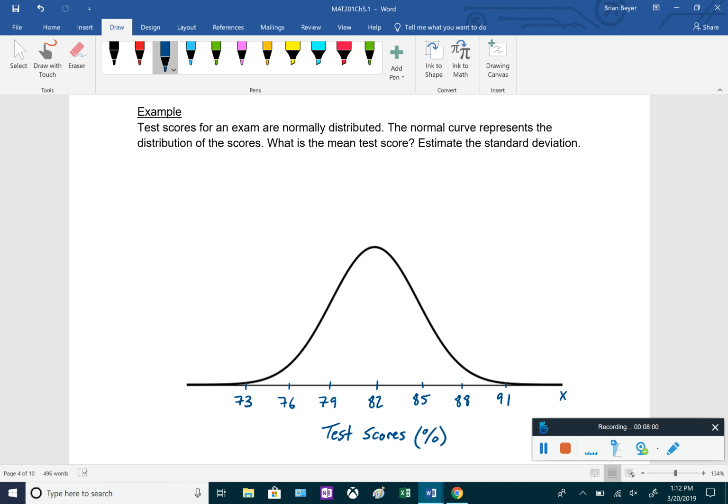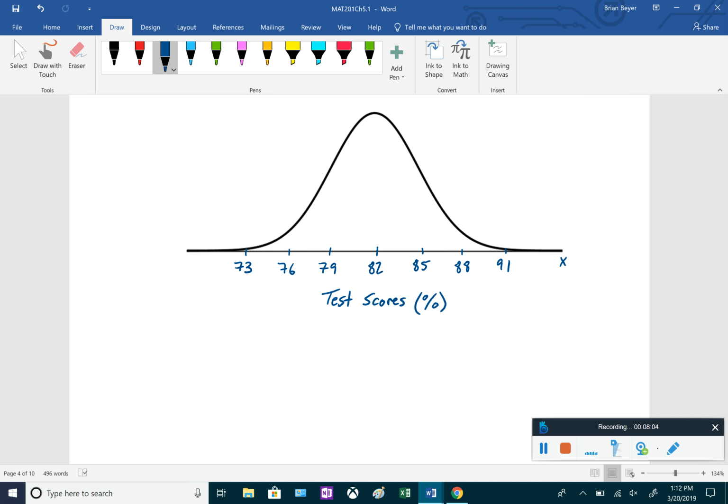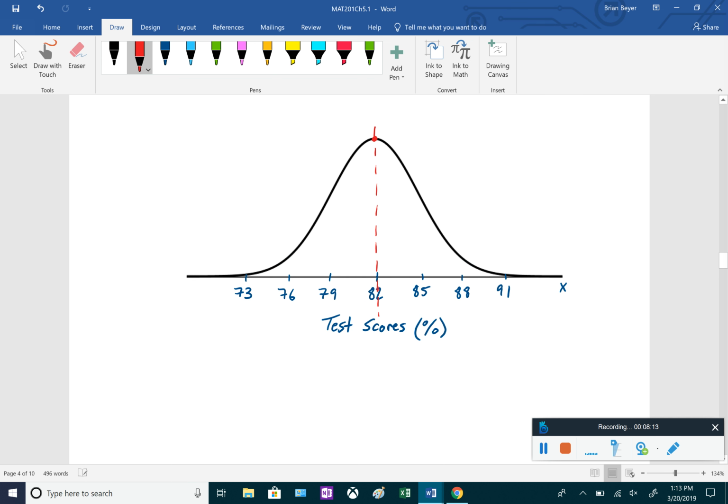So we want to find the mean, and we want to estimate the standard deviation. Same questions as before. For the mean, we go straight down, and that's the mean. For the standard deviation, we go to that inflection point. We go straight down, so that gives us that distance for sigma.